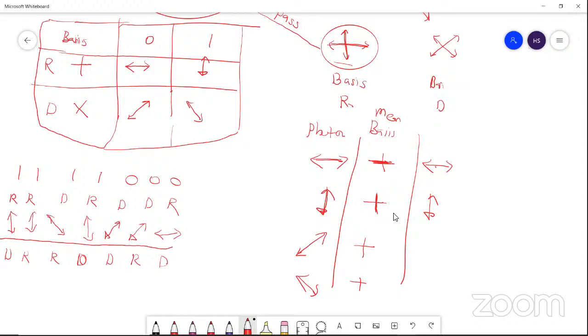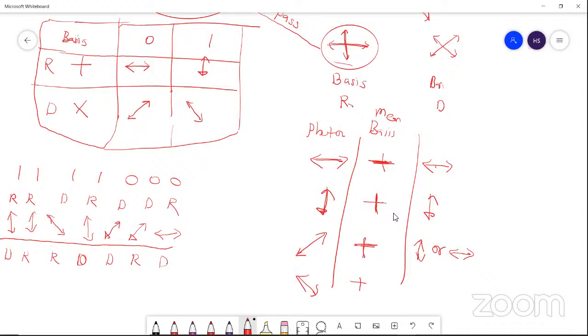Okay. Now we are having this kind of plus 45 photon, and if we are measuring in plus basis, then what will happen? This will go either to vertical or horizontal. So this is plus 45. If it comes here, there is a 50% chance that it will go to vertical or horizontal.